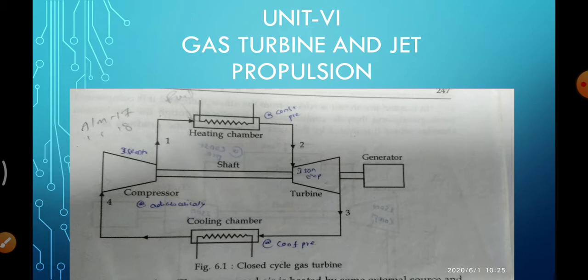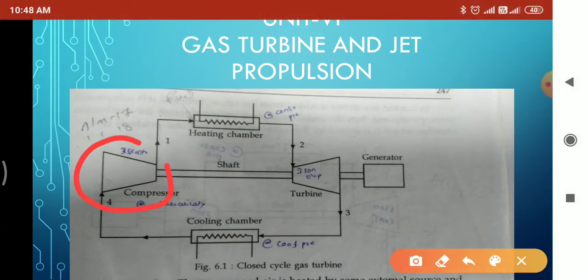Of the power produced in a gas turbine, the major part is used to run the compressor, and the remaining power is used to do external work, or we can say mechanical work. This is the simple definition of gas turbine.